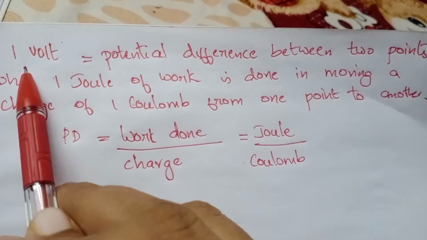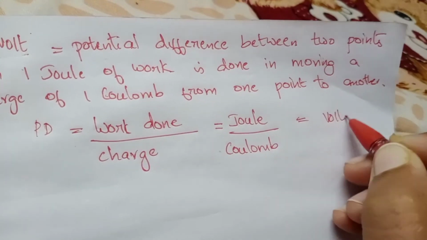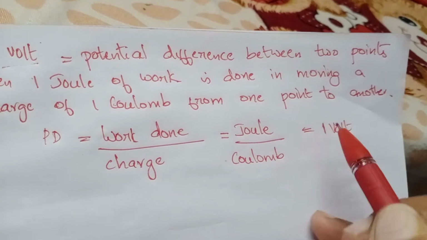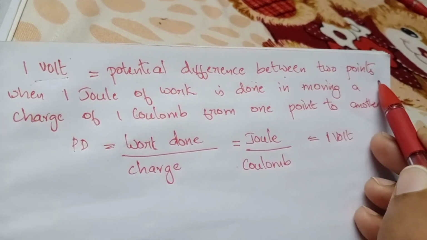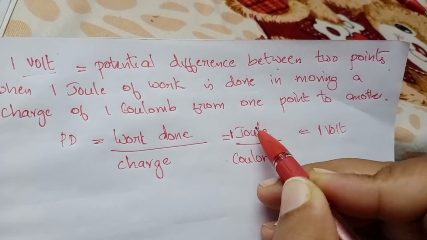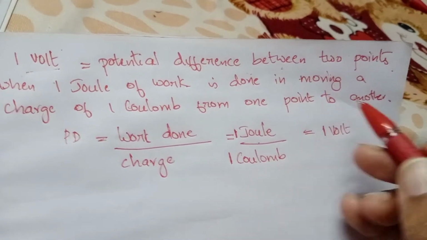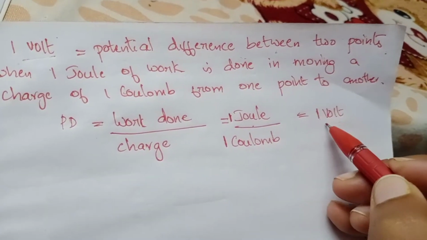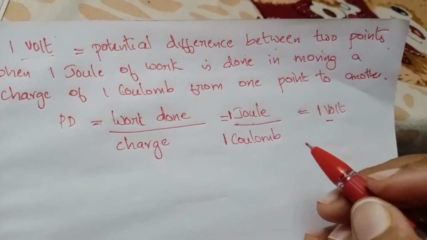Joule per coulomb is also called volt. So we can write 1 volt as the potential difference between 2 points when 1 joule of work is done in moving a charge of 1 coulomb from one point to another. With this we give the definition for voltage. It is not necessary that you learn it by heart. It is as simple.